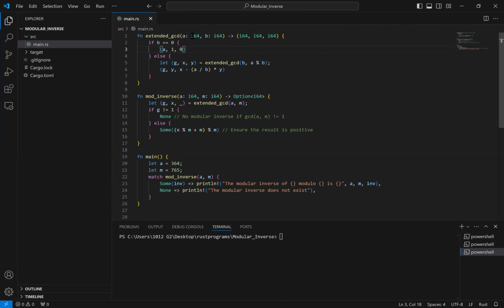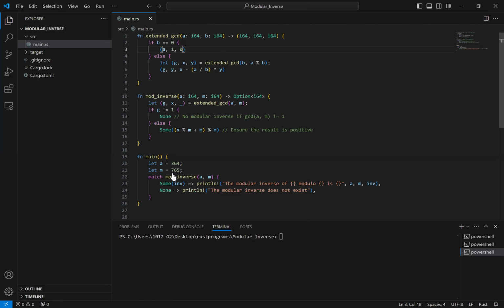You can see that it's I, we're not using U. It's I because we expect to be dealing with negative numbers and positive numbers. So we'll be dealing with both positive and negative numbers. And that's why. So our main function, as we've said, is here.